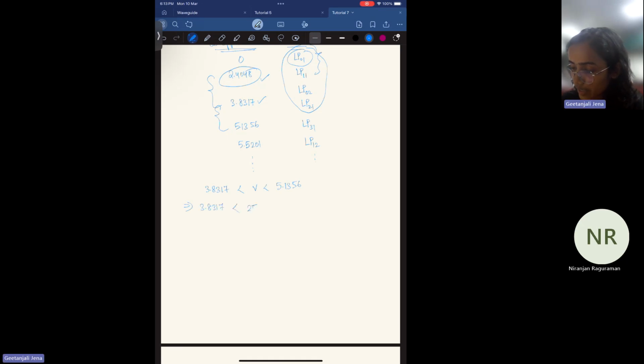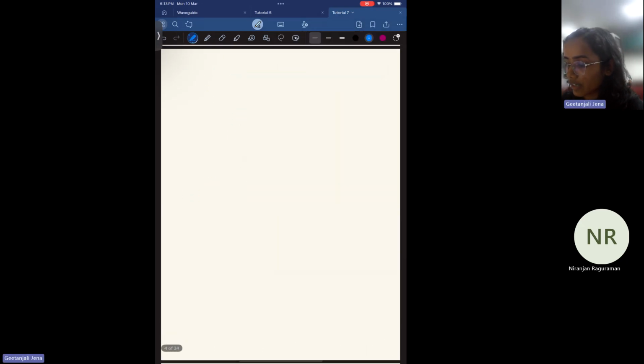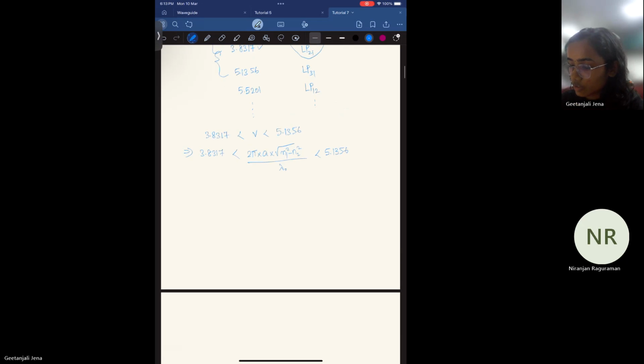So we have 2 pi A root over N1 square minus N2 square over lambda 0, which should be less than 5.1356. So just put the value of A and N1 and N2.